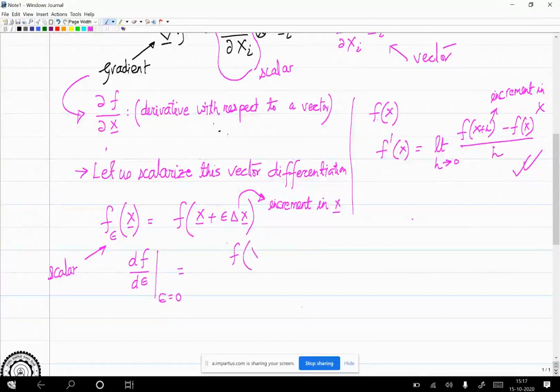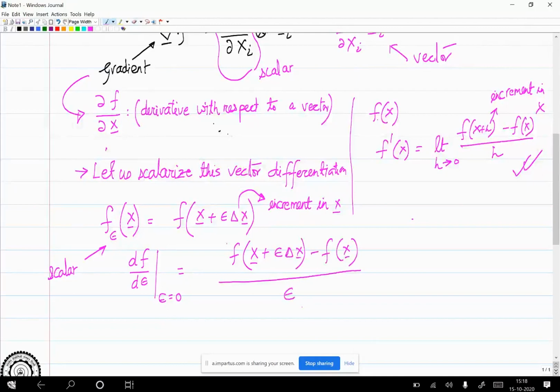So this is going to be f of x plus h. Okay, I think it's simply, you could also write it as x plus epsilon delta x, minus f of x, divided by epsilon.